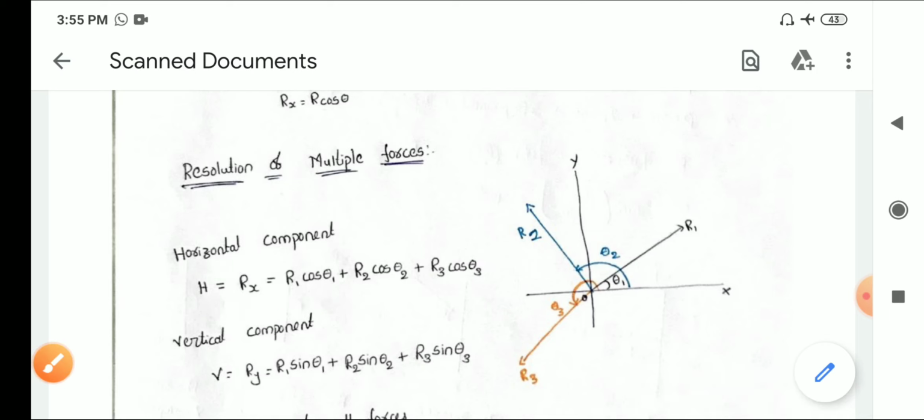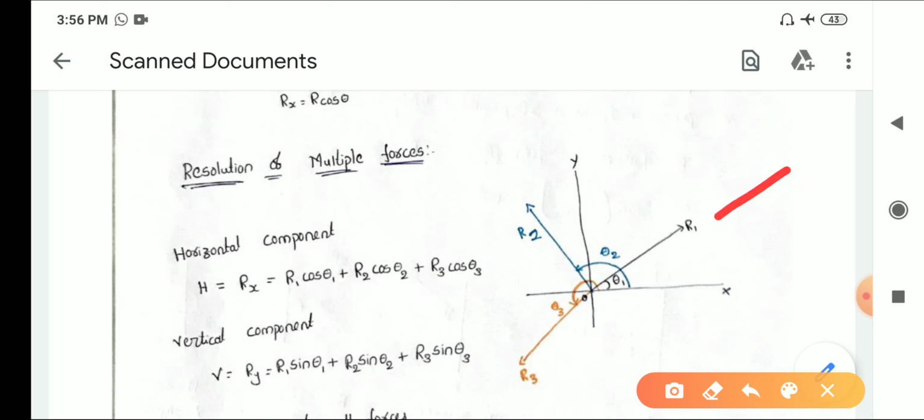Okay. Now you may get a doubt. Already three forces are being resolved. Why do we have to combine all three forces into a single force? And why are you dividing that single force into two directions? Because while analyzing a problem, there are three forces making different angles in different directions, right?